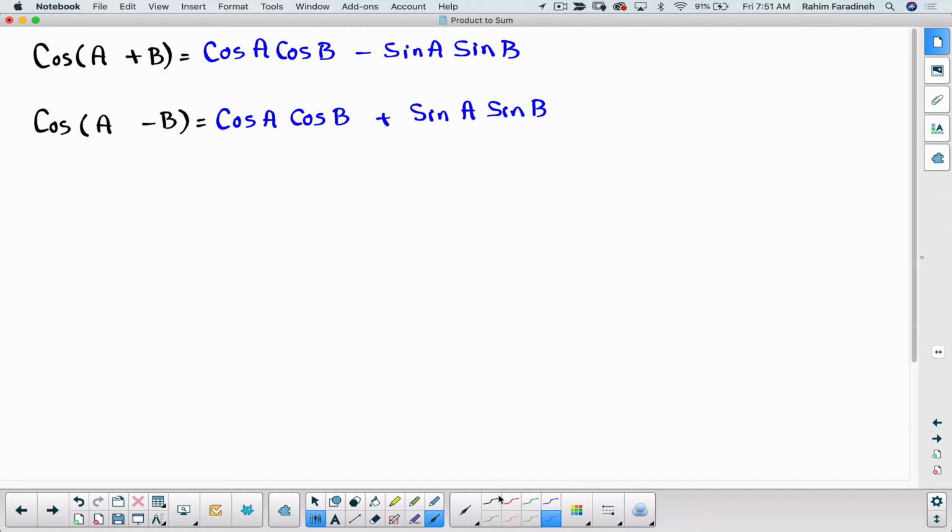Now we're going to do a little bit of algebra with this. If I add these two equations together, on the right hand side, the sine a sine b cancel out and we get 2 times cosine a cosine b.